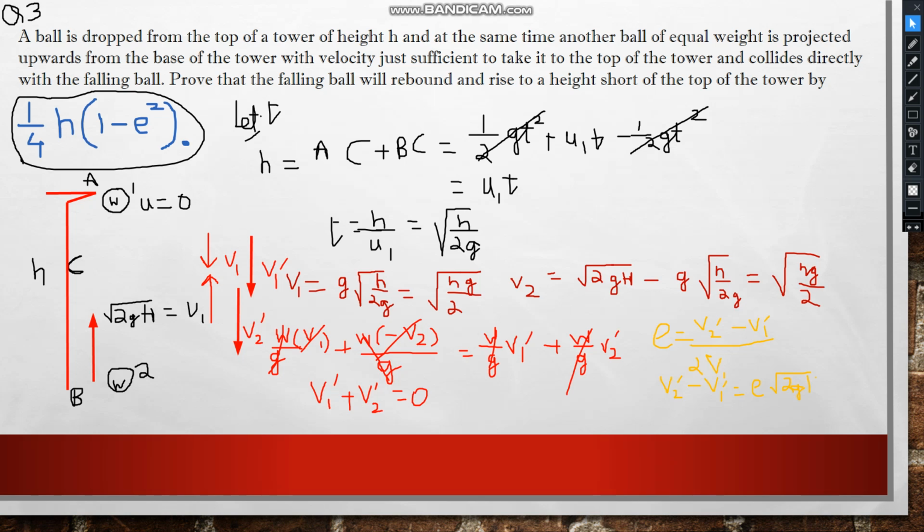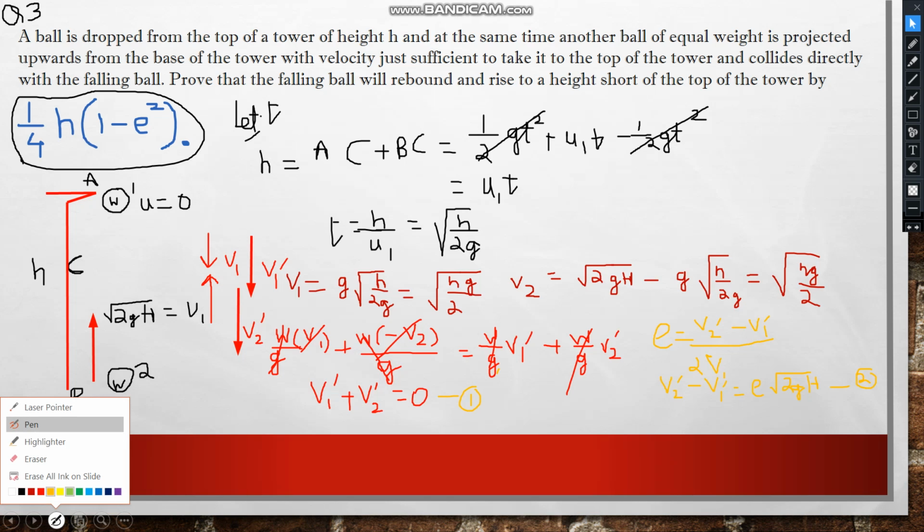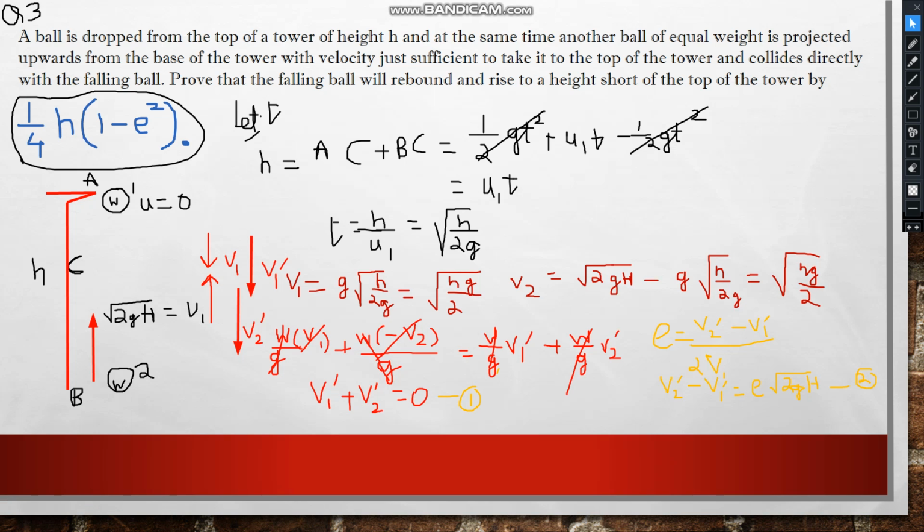Okay, this statement is done. Now this is one equation. This is equation 1. This is another equation. Now I am just subtracting, 1 minus 2.